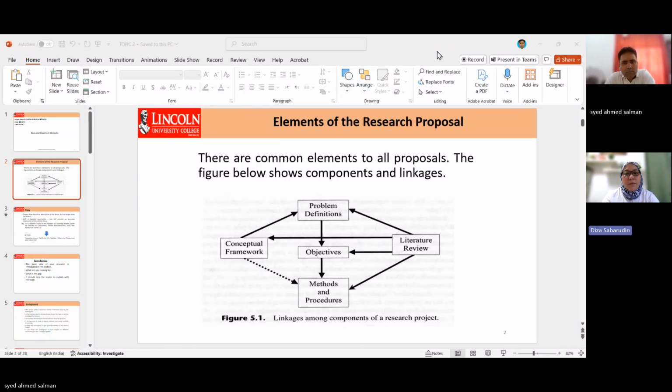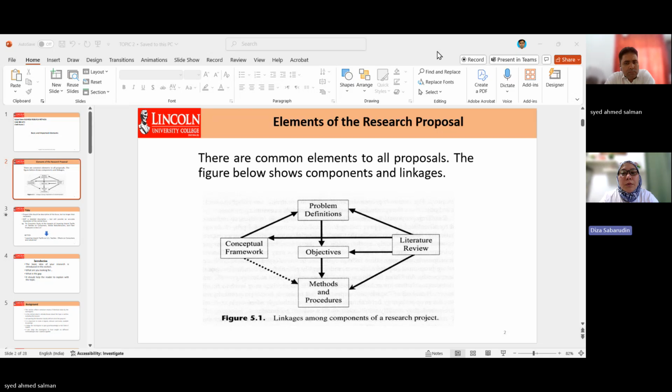Number four is research design. This outlines the overall strategy and framework of the study. It includes decisions about the type of research, methodology, and specific techniques to be used for collecting and analyzing data. Number five is sampling.